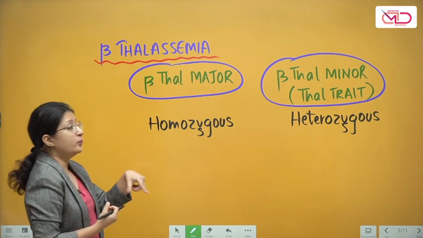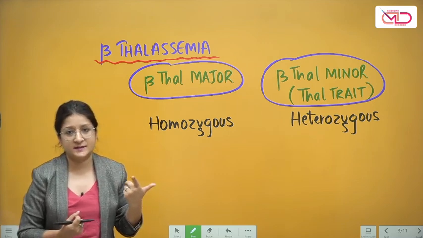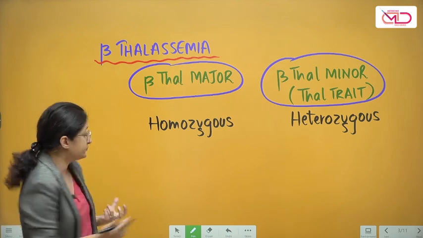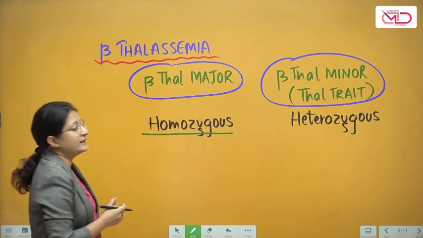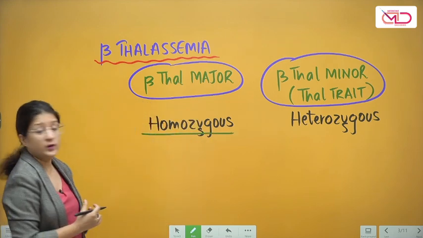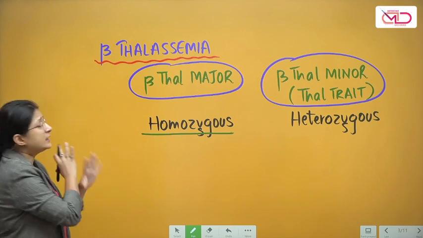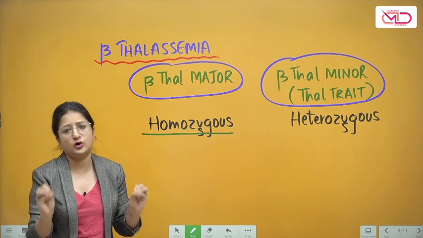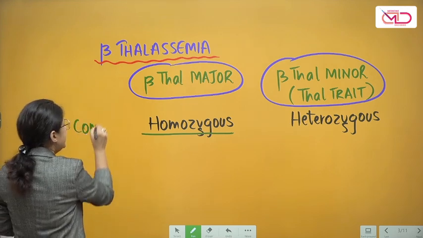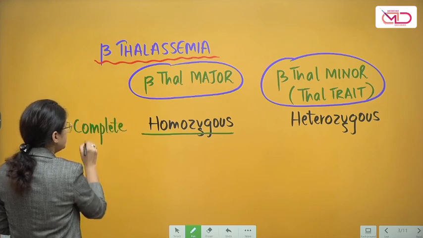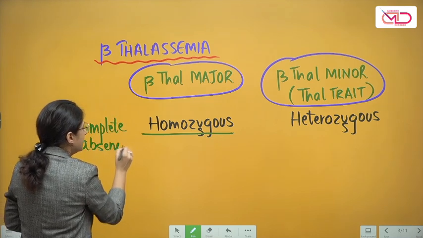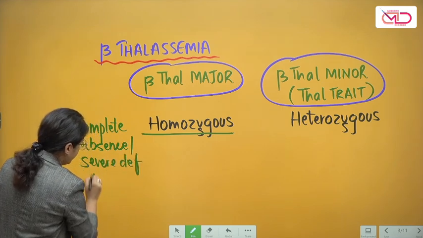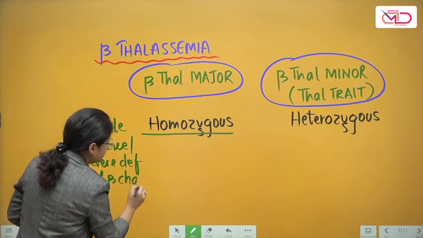If we inherit both abnormal copies of the gene, making us homozygous for the abnormal mutated gene, then we get beta thalassemia major. In that, there will be either complete absence or a very severe deficiency of beta chain formation.